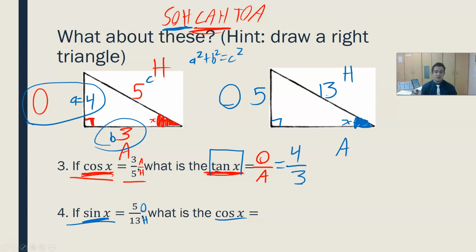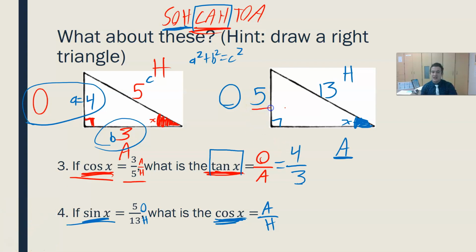Sine is equal to 5 over 13. So then what's the cosine of x? According to SOHCAHTOA, cosine is adjacent over hypotenuse. Well, shoot! I don't know the adjacent side.